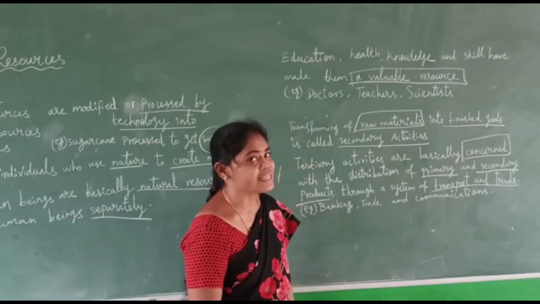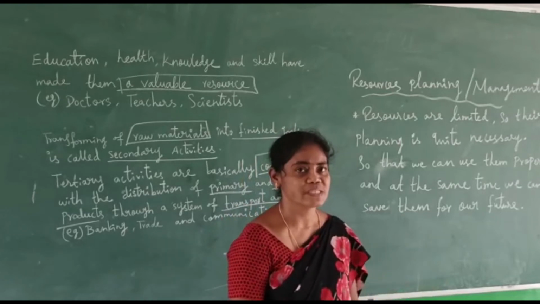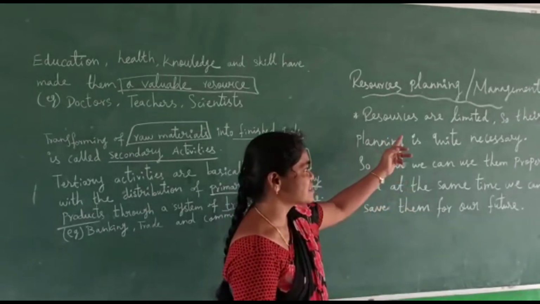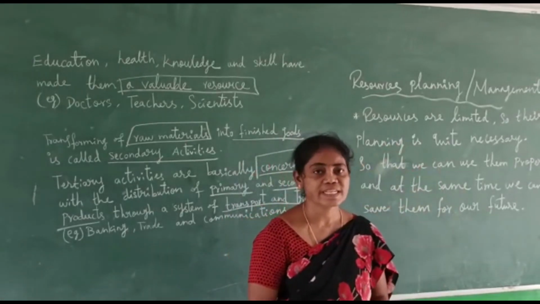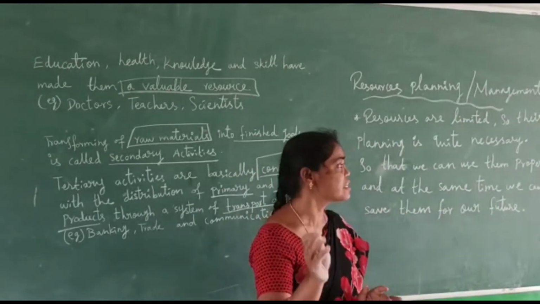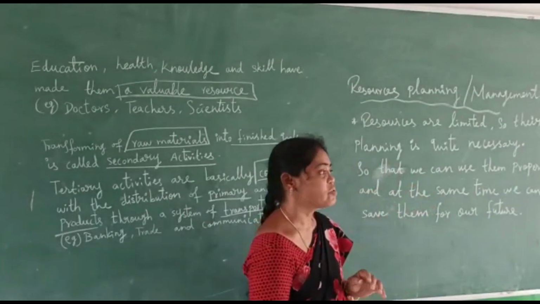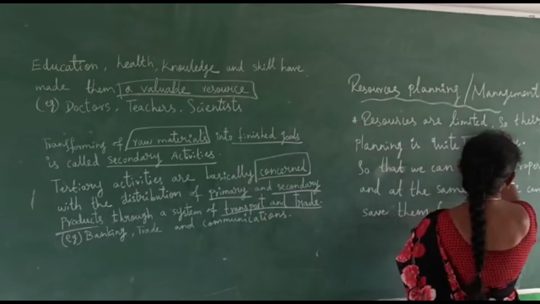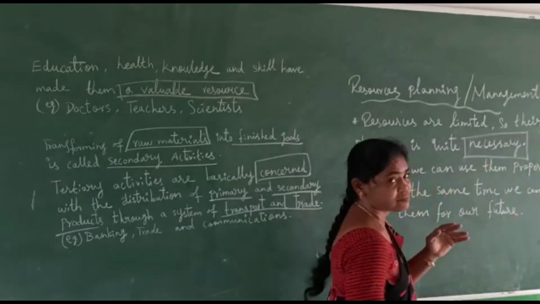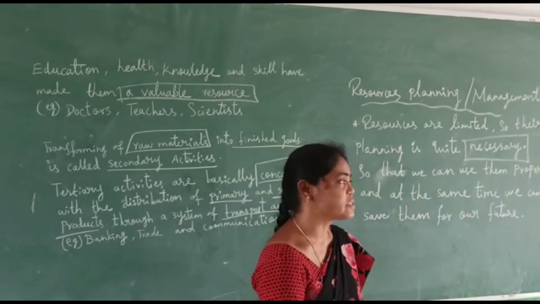Now we will see resources planning or management. Actually, resources are limited. They are unevenly distributed, not evenly. So their planning is quite necessary. We want to use them in a necessary manner because they are limited and unevenly distributed.